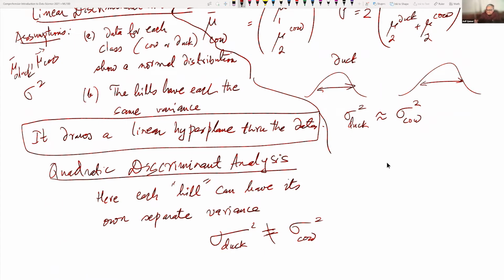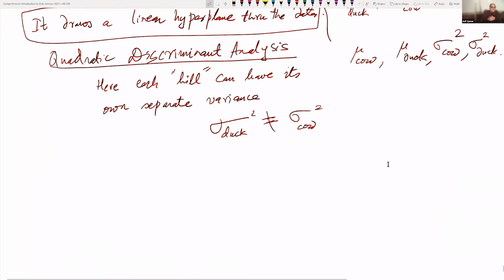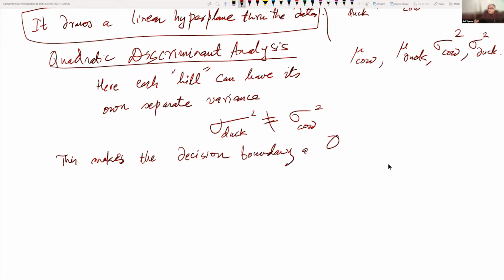In quadratic discriminant analysis, you have four variables: mu cow, mu duck, sigma squared cow, sigma squared duck. And what does it do in the feature space? You can take this as a fact, but we won't have time to prove this. This makes the decision boundary a quadratic curve.